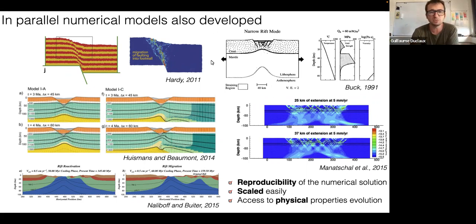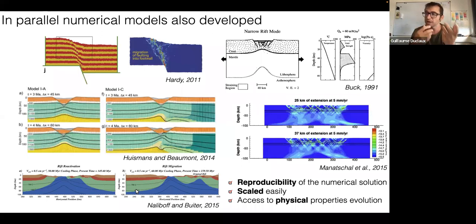Here in numerical models, which can be this kind of discrete particle element, some work from Hardy, or a finite element model, some work here from Hausmann and Beaumont, or Naliboff and Buiter, really allowed us to look at complex rheologies and test different rates for the evolution of a rift, and look at how weakening also affected that. You could have multiple rifting episodes, with rift migration and reactivation. So it opens really new ways.